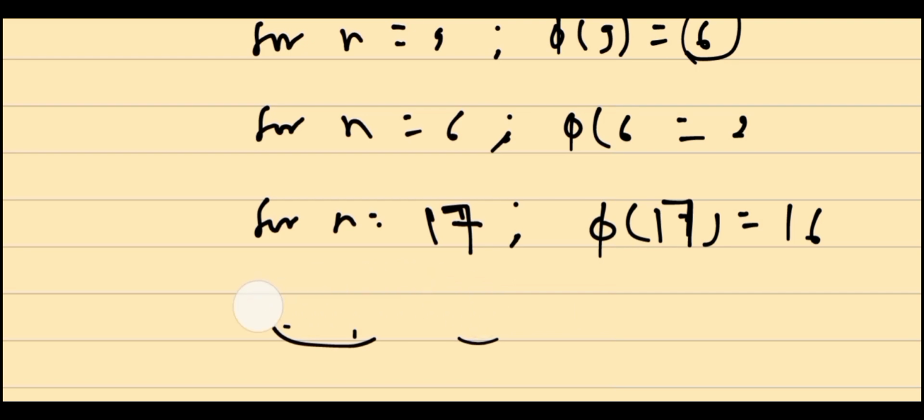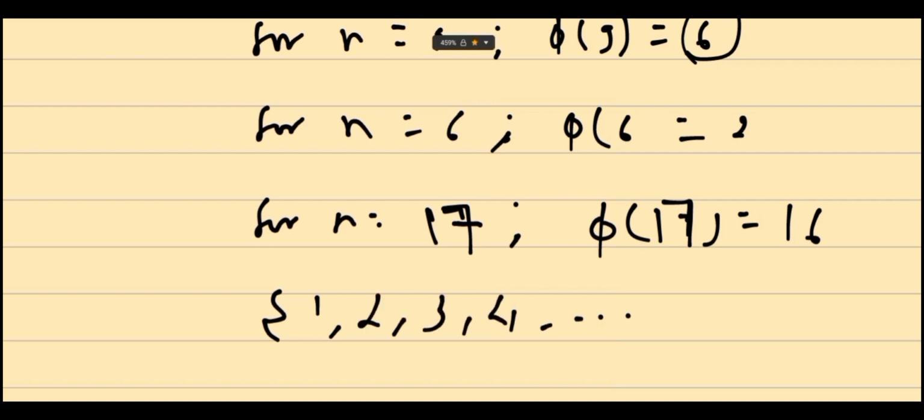we have 1 is relatively prime to 17, and 2 is also, 3, 4, and so on, and 16 is also relatively prime to 17. There are 1, 2, 3, 4, 5, 6, dot, dot, dot, which means that we have 16 relatively prime numbers to 17.